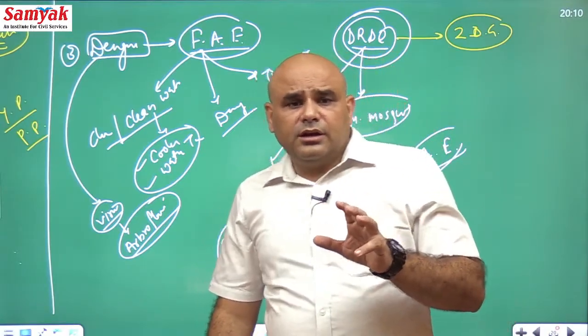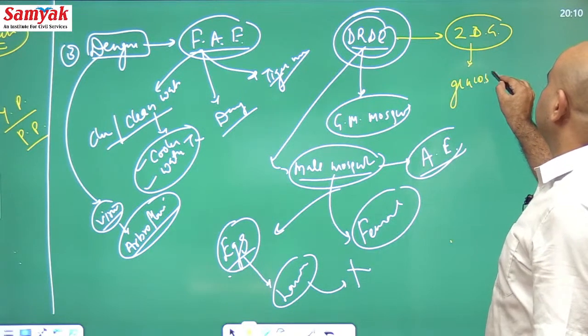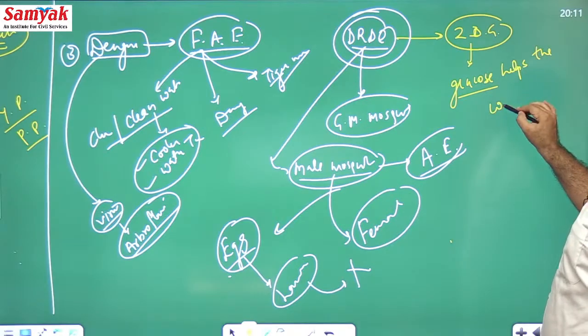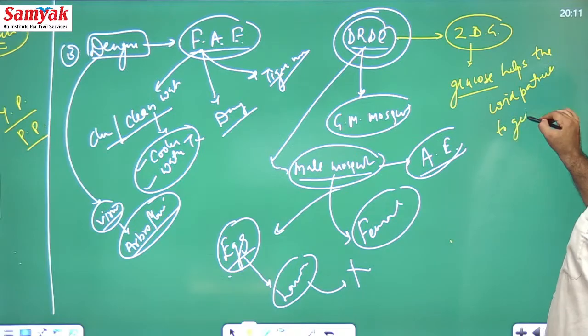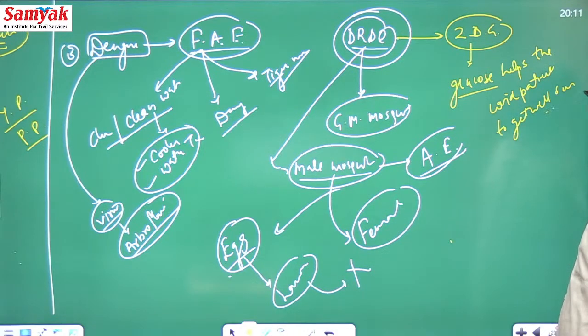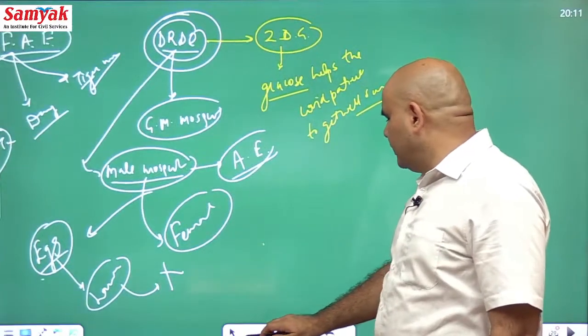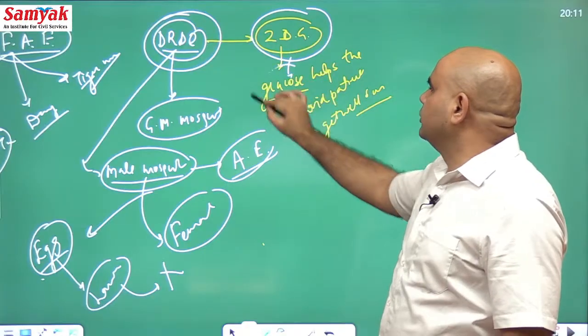2DG is an example of glucose. This is a special type of glucose which helps COVID patients get well comparatively sooner. One more thing to remember: this 2DG is nothing but glucose powder.